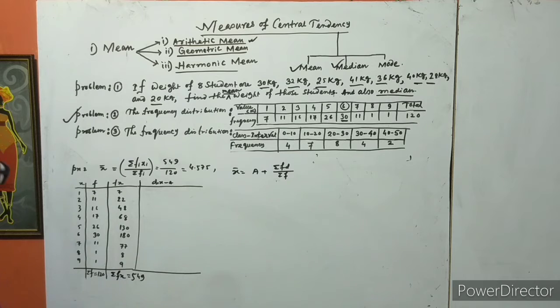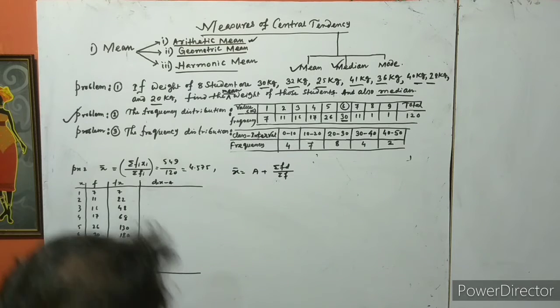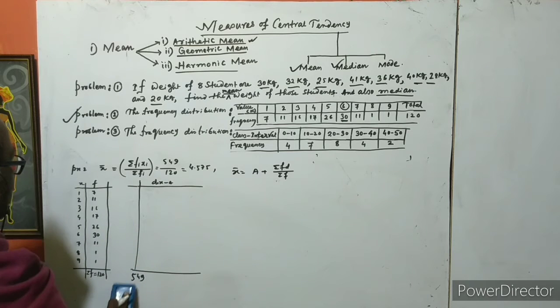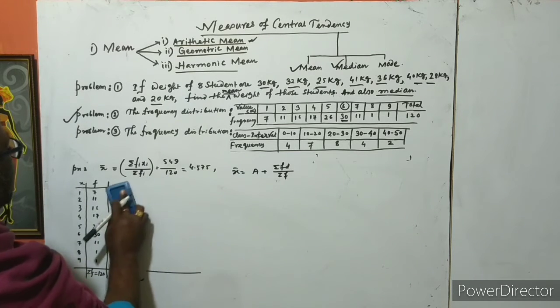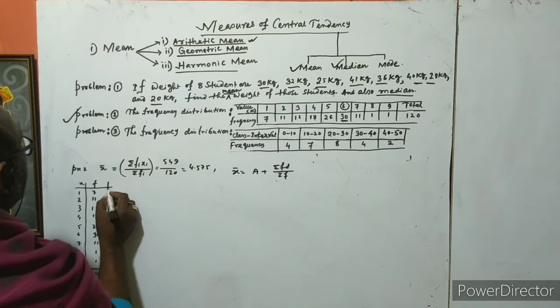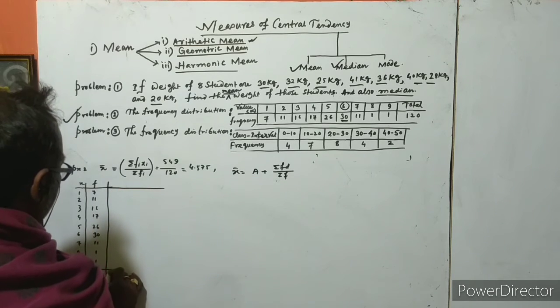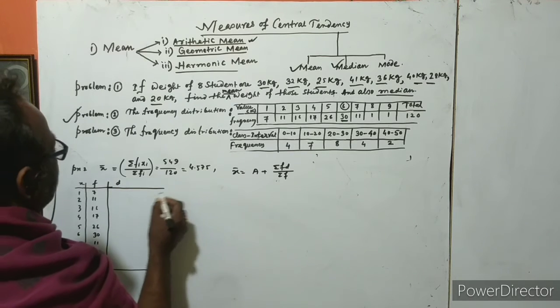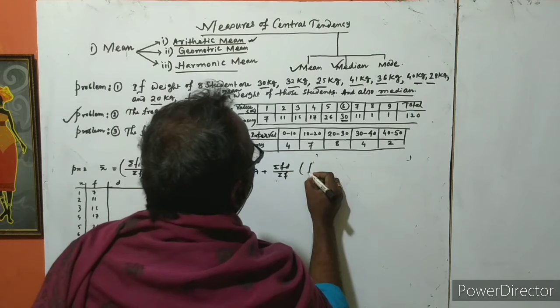Then this table not needed here. In the new table, this is called a new calculation table for use the d, and this is called the shortcut method.